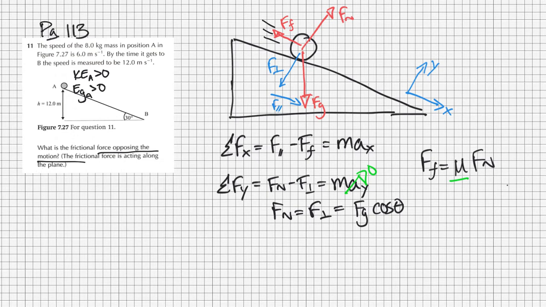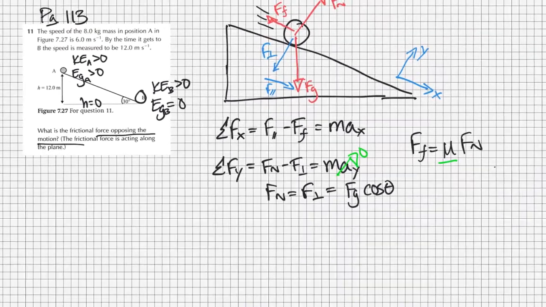At position B, when we're down here, we're going to have kinetic energy at B, and our gravitational potential energy at B is going to be 0. We're going to say this is our height of 0 down here. So what should be true is we should have these two equal, but if there's friction, they're not going to be equal. So let's set up our energy equation.